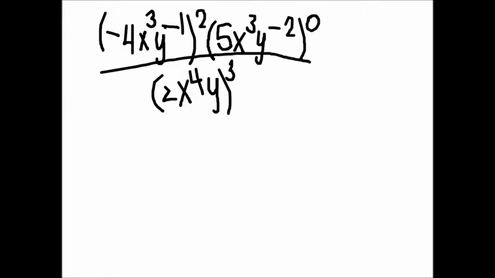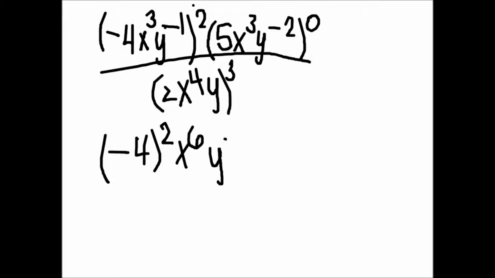Okay, so to simplify this, what we do first is distribute this 2 to each number or term. So we're going to have negative 4, put this in parentheses, to the second power, x. When you distribute the 2, you multiply it to the numbers. So 2 times 3 is 6. 2 times negative 1 is negative 2, so y to the negative 2.